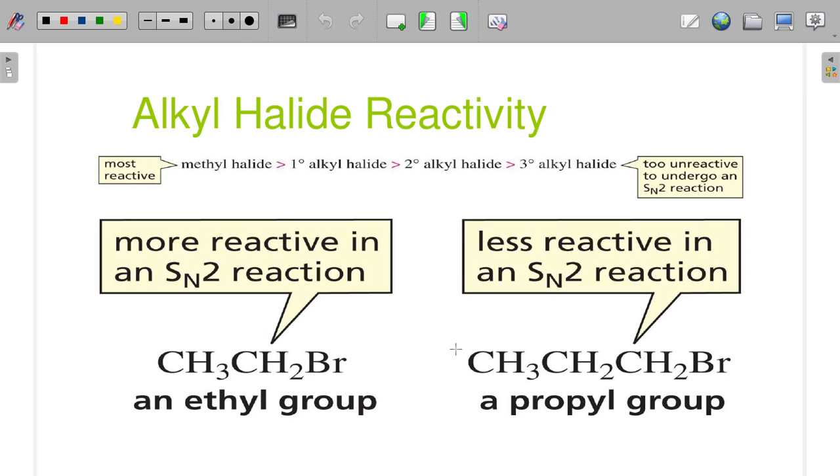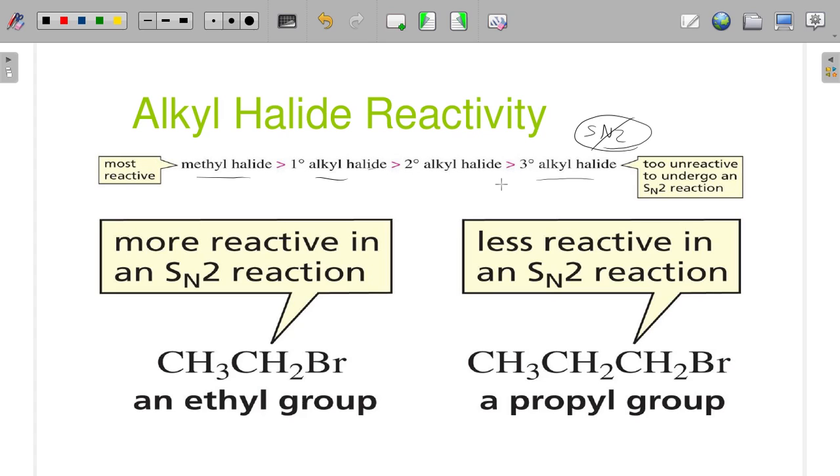Okay, so we're going to predict this based on just this general idea. A methyl halide is going to be most reactive, primary and secondary a little bit less, and tertiary are too unreactive to do that. So if we see a tertiary, we just basically say it cannot do SN2. Methyls and primaries do it very easily.